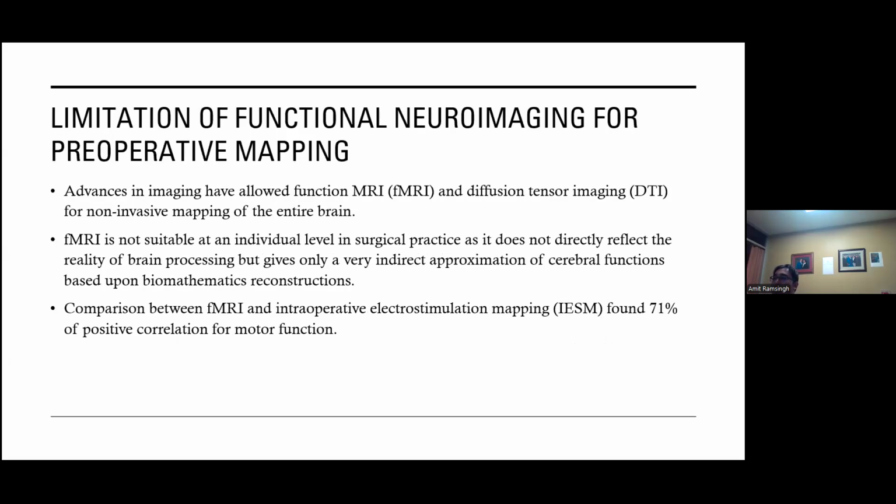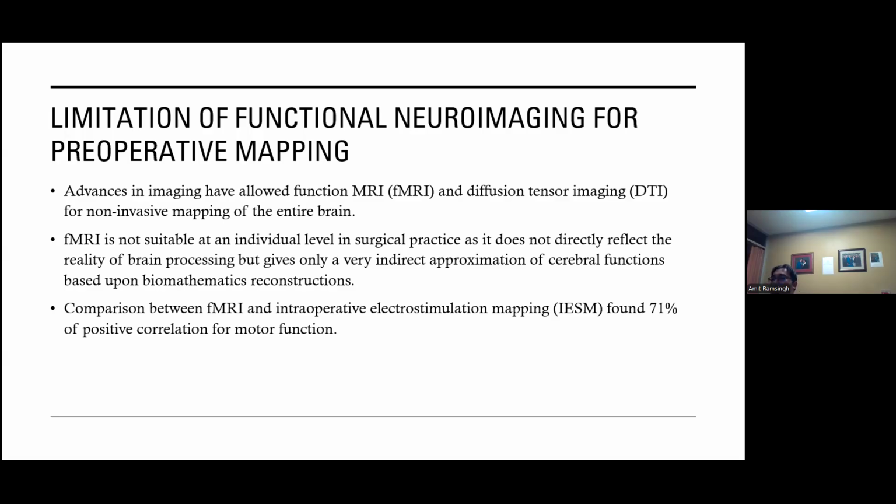One of the things that we need to know is the limitation of functional neuroimaging for preoperative mapping. So when we talk about functional imaging, we talk mainly about functional MRI, or fMRI, and diffusion tensor imaging. These have been predominantly used in the past, but again, as more modern techniques of mapping have come about, they have been seen to have their limitations.